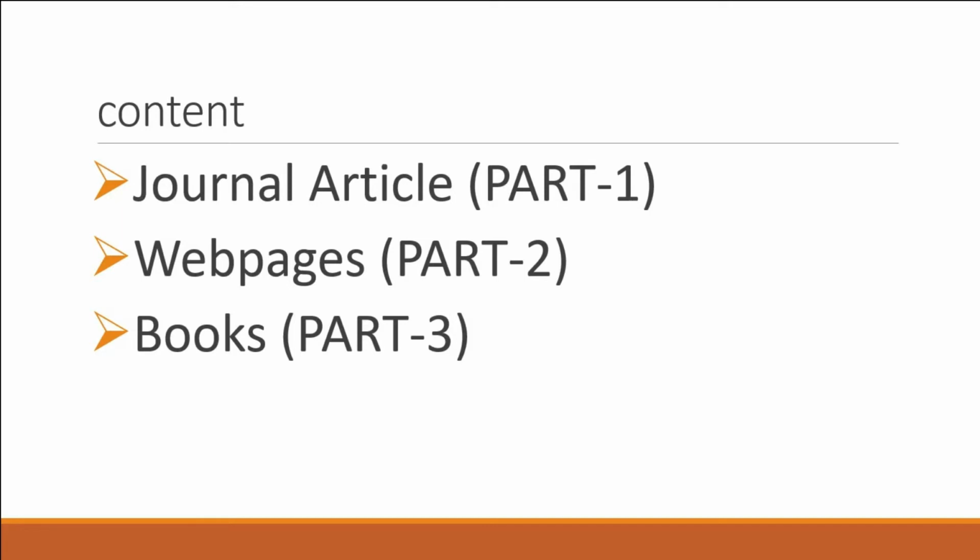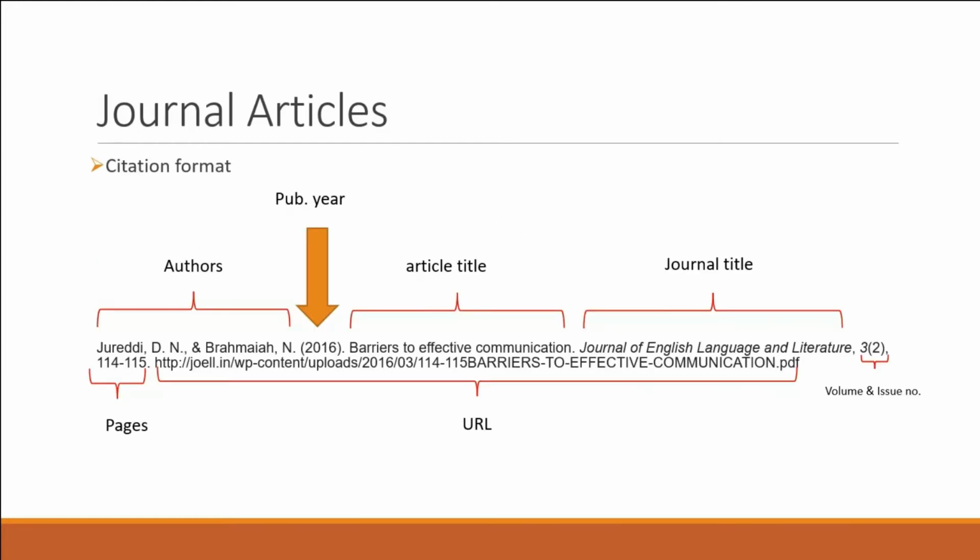This is part 1, then we'll have part 2, then part 3. I hope at the end of each of these parts, you will have gained so much about APA. Now, in part 1, we are going to see how journal articles are cited in APA.